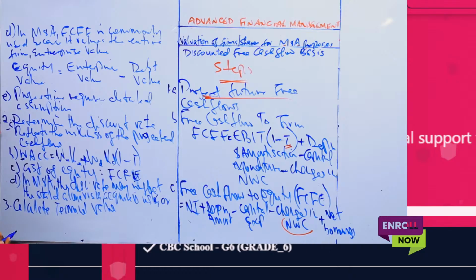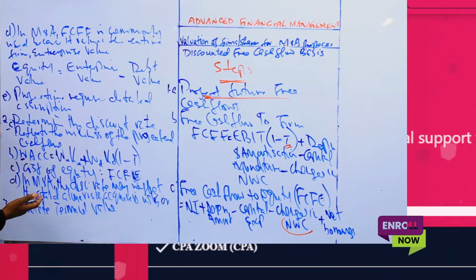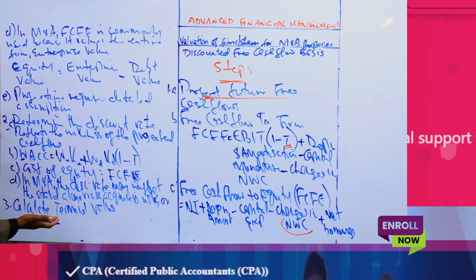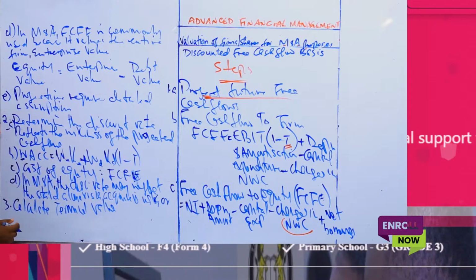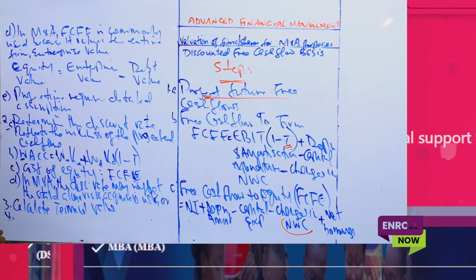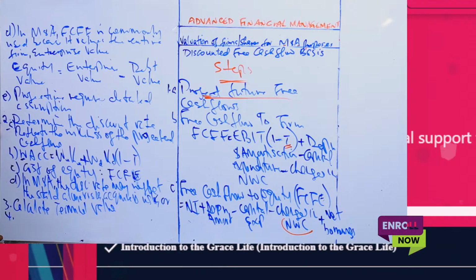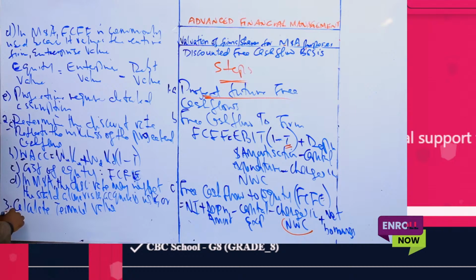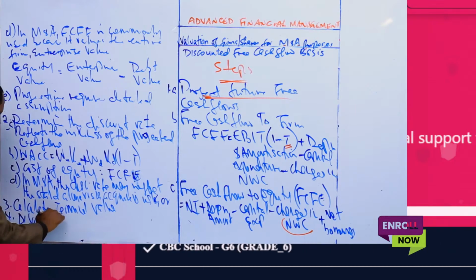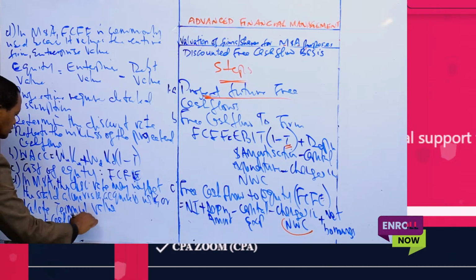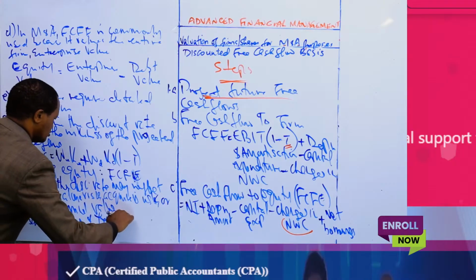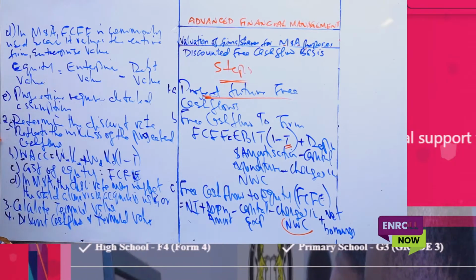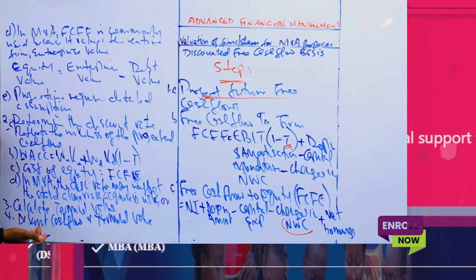Then once you have the cash flows from these terminal values and the projected future cash flows, step number 4 is to discount cash flows and the terminal value.